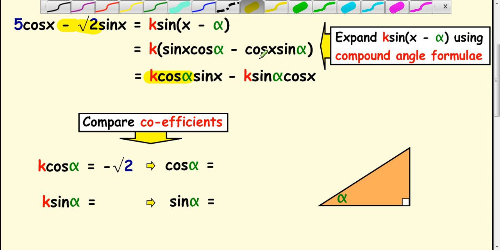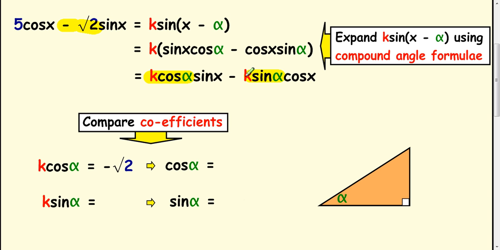This is where people get mixed up. We now look at the coefficient of cos x, which is this part here. If we look at this part here, then we look up and we see a 5. So k sin alpha is equal to positive 5, but there's a takeaway in front. So we need all of this to come to positive 5.